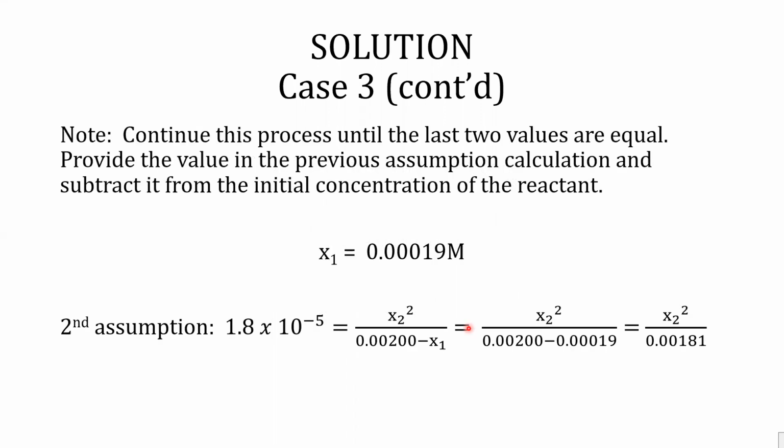One continues this process until the last two values are equal. Take the value from the previous assumption calculated and subtract it from the initial concentration of the reactant.